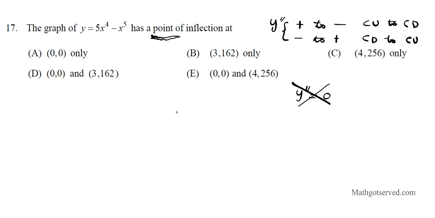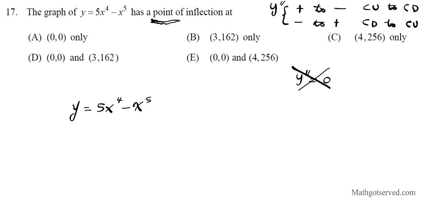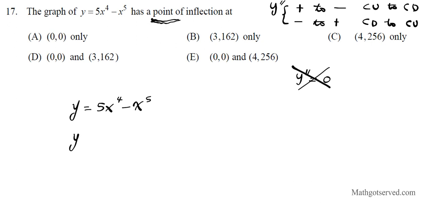To find the points that create our regions, we need to find the second derivative, set it equal to 0, and then do the second derivative test. So y equals 5x to the 4th minus x to the 5th. We're looking at the second derivative here, not the first, so differentiate first.